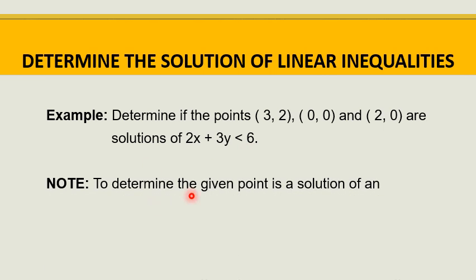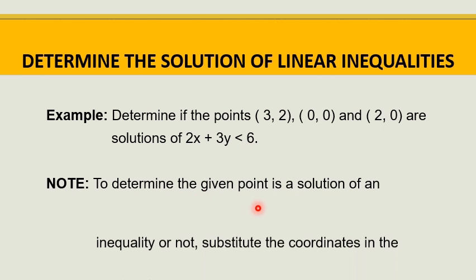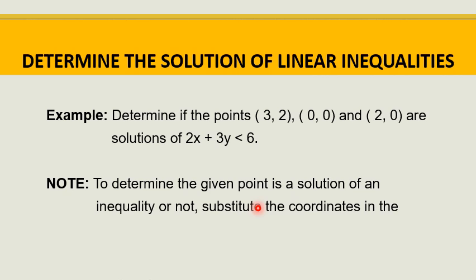Note, to determine if the given point is a solution of an inequality or not, substitute the coordinates in the inequality. So let's have the given example. So this is the linear inequality, 2x plus 3y less than 6.